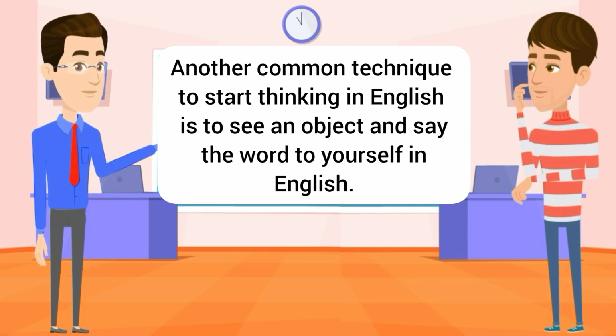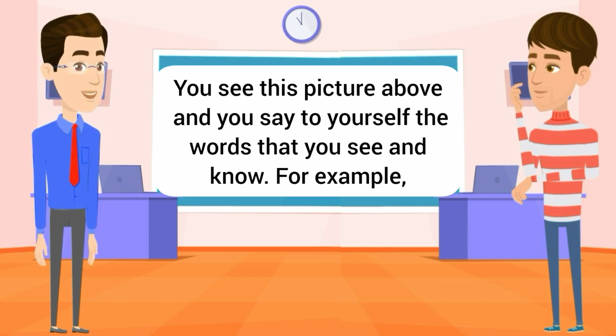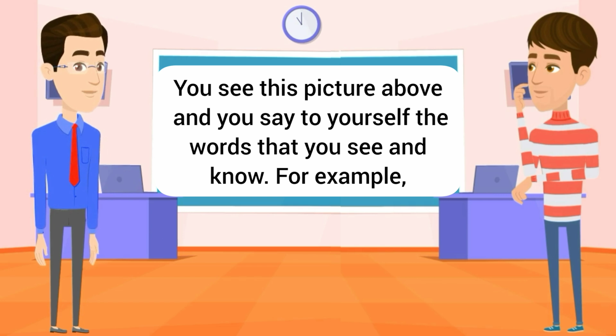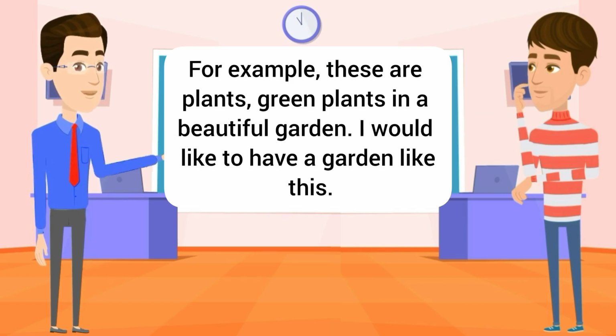Another common technique to start thinking in English is to see an object and say the word to yourself in English. You see this picture above and you say to yourself the words that you see and know. For example, these are plants, green plants in a beautiful garden. I would like to have a garden like this.